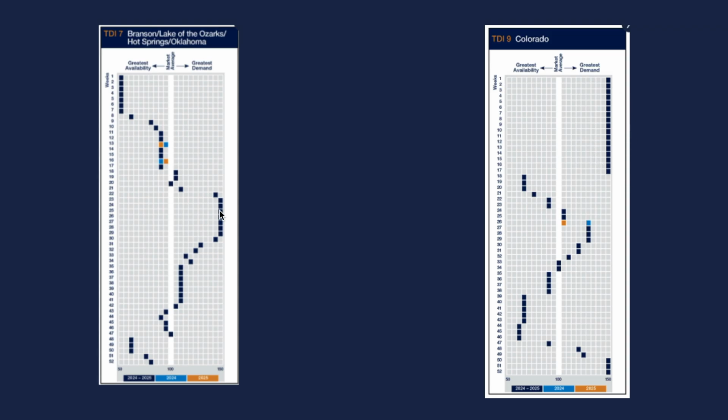Now, I will tell you, it does factor in how popular Branson is versus Colorado. How many people are looking to go to Branson in the summer versus how many people are looking to ski in Colorado? And that definitely is going to make a determination on your ability to exchange.